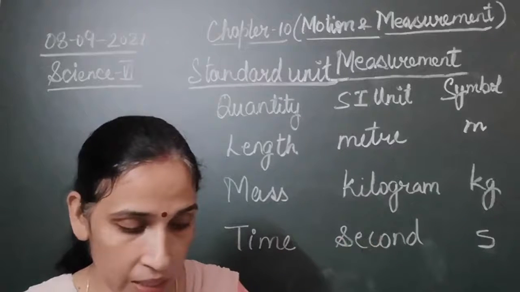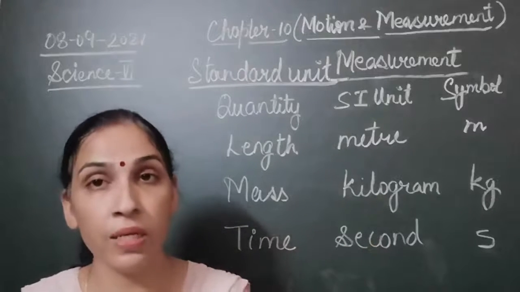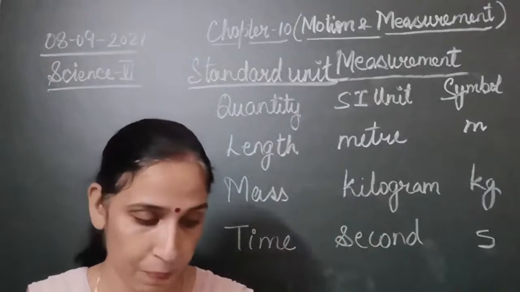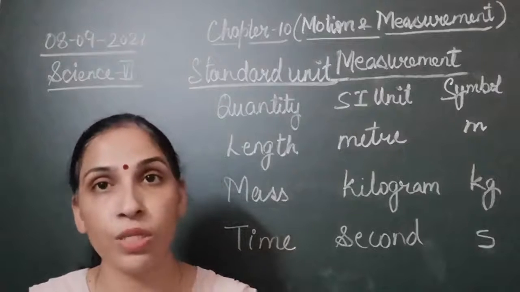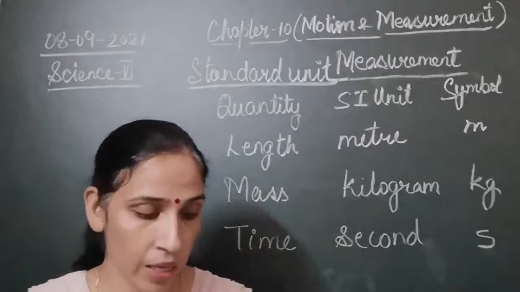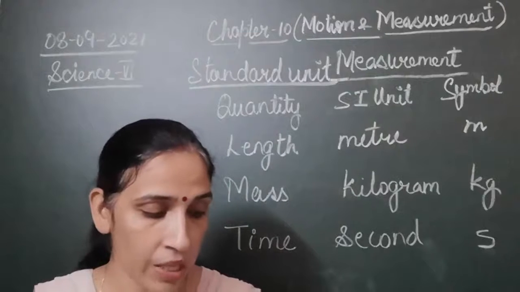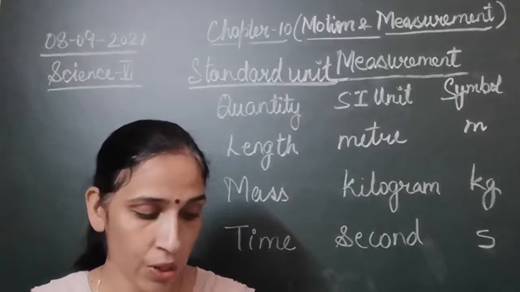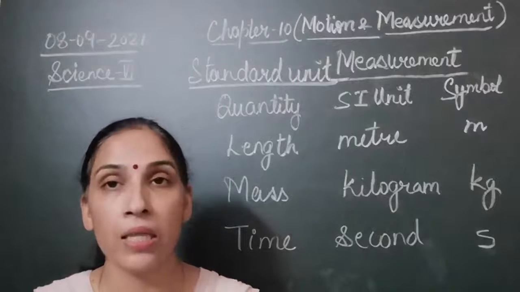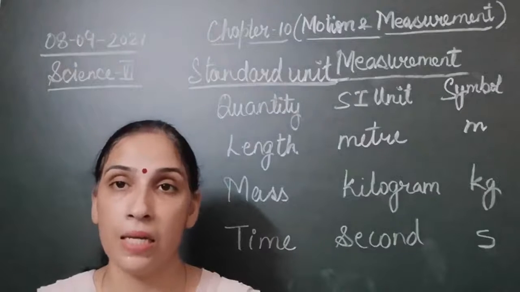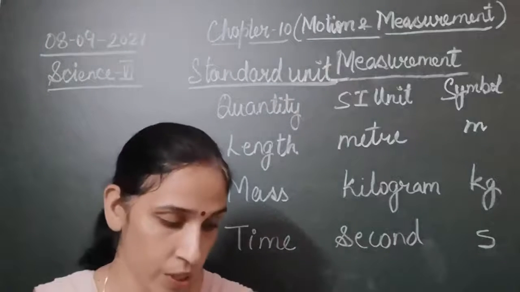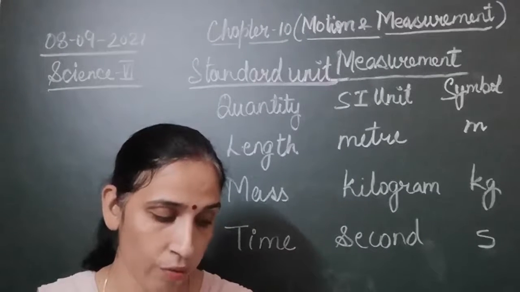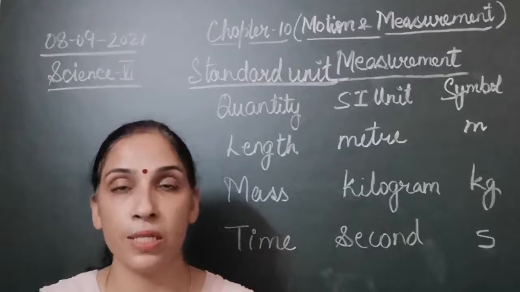Then here I have written length, mass and time. Temperature is measured in Kelvin, and the symbol is K. Electric current is measured in ampere, and the symbol for that is A. The National Physical Laboratory, that is NPL, New Delhi, maintains the national standard of all the basic units in India.